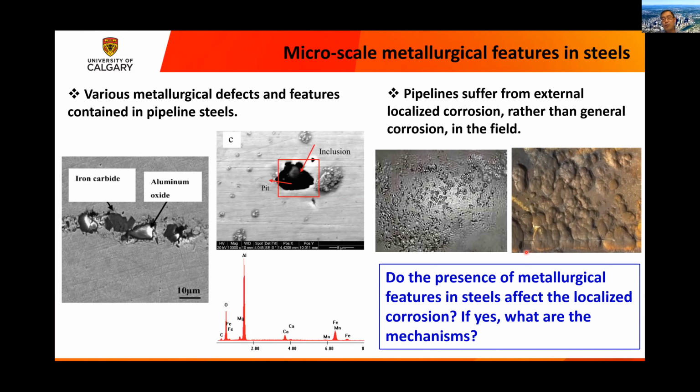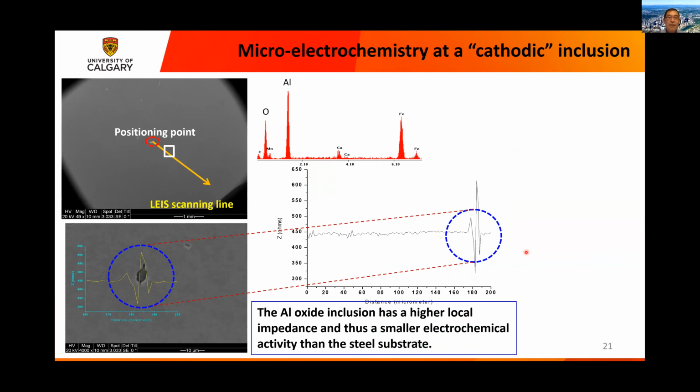So when we have these micron-scaled features, a quick question is how these metallurgical features will influence localized corrosion. So what is the mechanism? In order to answer these questions, we need to introduce the micron electrochemical techniques for the characterization.